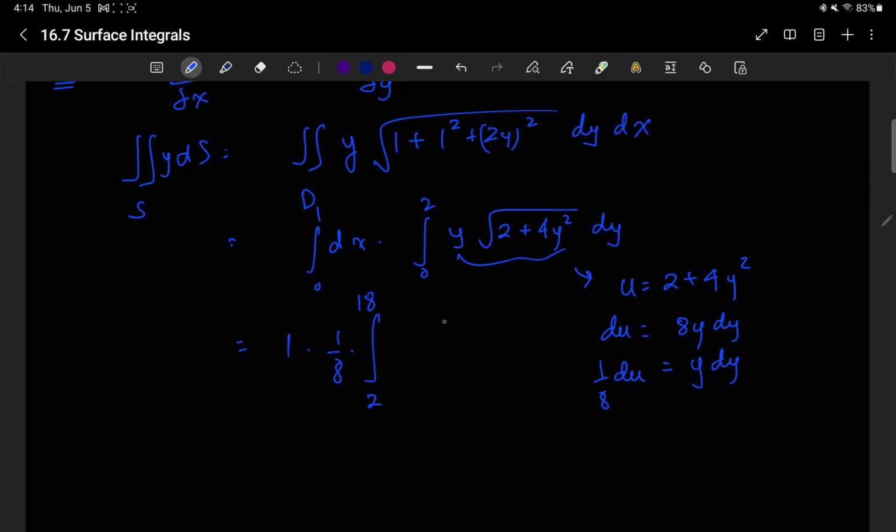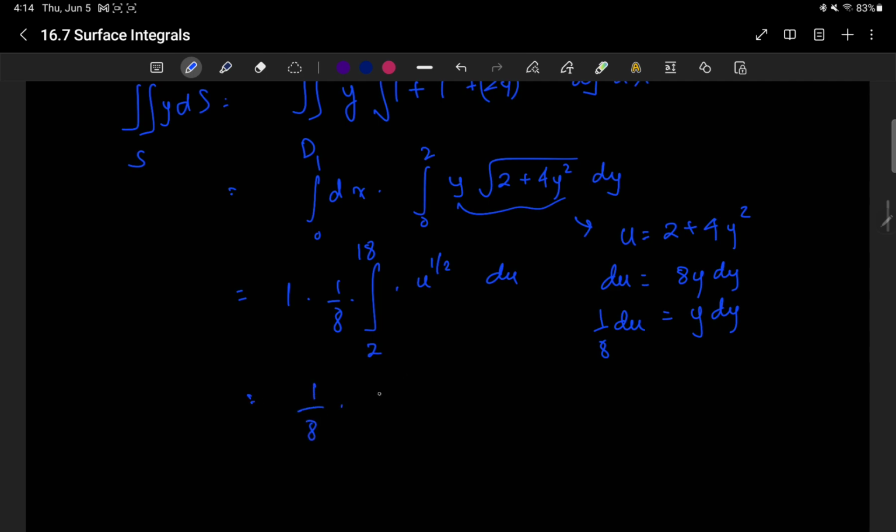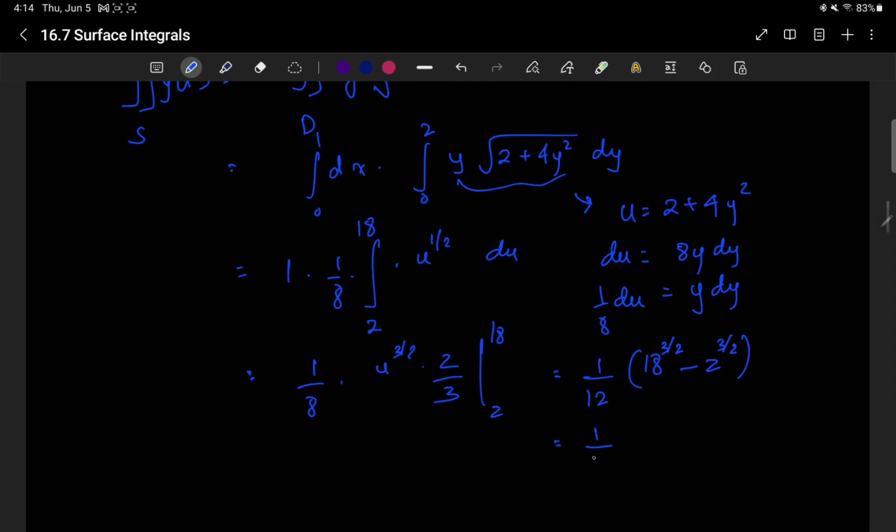So you have 1/8 du, u to the 1/2, 1/8 u to the 3/2 times 2/3, from 2 to 18, 1/12 of 18 to the 3/2 minus 2 to the 3/2. So 18 is 9 times 2, right?